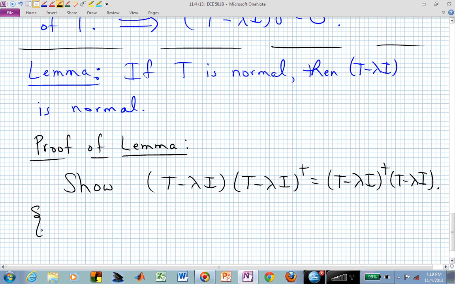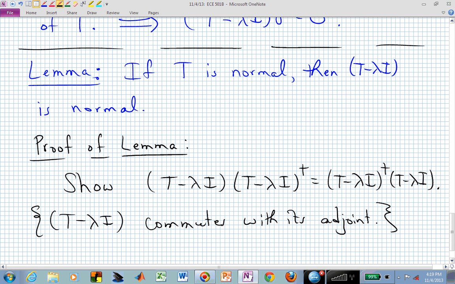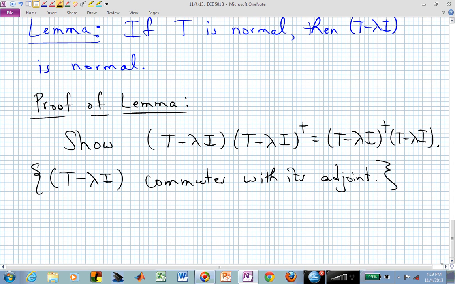Another way of saying that is that this operator, T minus lambda I, commutes with its adjoint. Let's look at both sides and see that we end up with the same result.